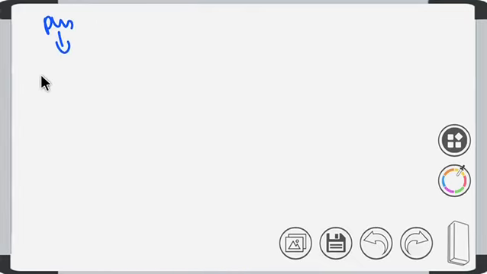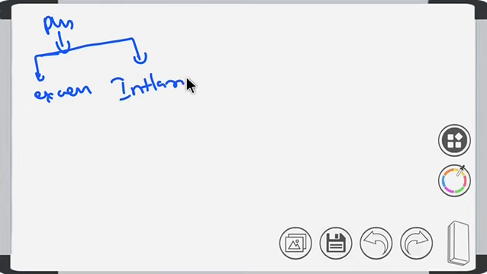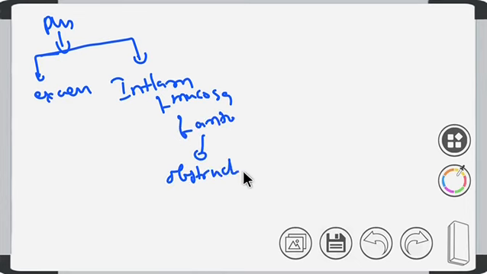This pus will get accumulated and increase in amount mainly because of two reasons. One is excess production, another is inflammation of the mucosa of the antrum. Due to this, there is obstruction to the outflow of pus, and that results in pus accumulation.